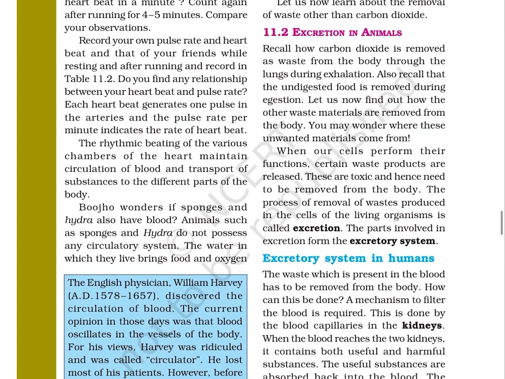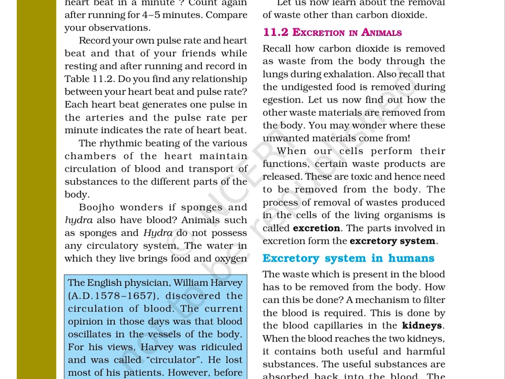11.2 Excretion in animals. Recall how carbon dioxide is removed as waste from the body through the lungs during exhalation. Also recall that the undigested food is removed during egestion. Let us now find out how the other waste materials are removed from the body. You may wonder where these unwanted materials come from.